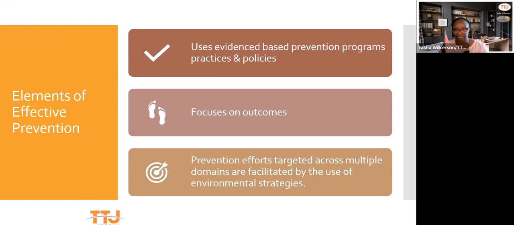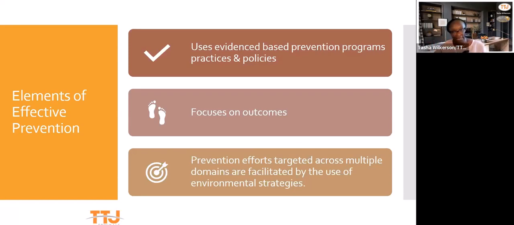But your focus is not on your how, because usually your how is your program, your practice, or your policy. The outcome is the thing that you're trying to get rid of. There are many different ways that you can get to an outcome. I would like you to remember that when you're doing your programs, it's about the outcome, because there may be different strategies that you will employ that will get you to your outcome, not just the program.